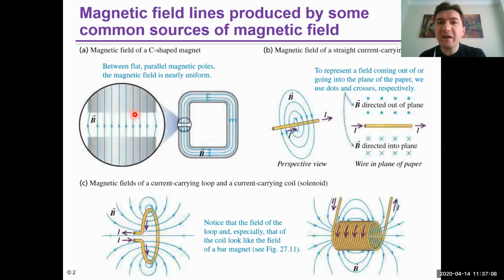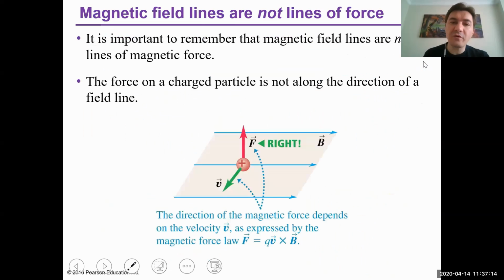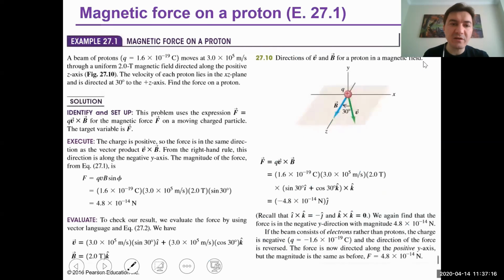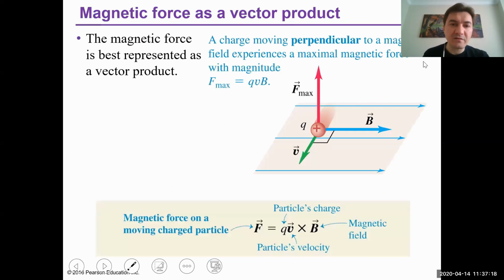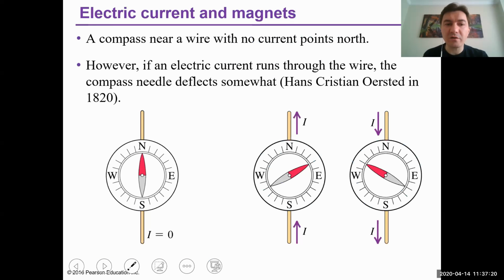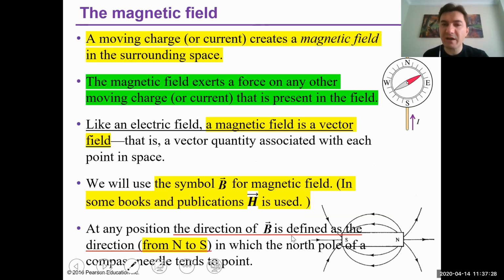So here we have the magnetic field of a straight current carrying wire. We have already discussed this one. Let me remind you, many transparencies. So this one, okay, we have a conducting wire, and we apply current, okay? So due to that current around that wire, we have a magnetic field.